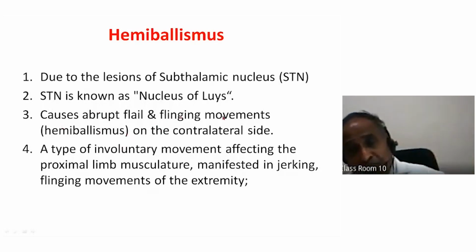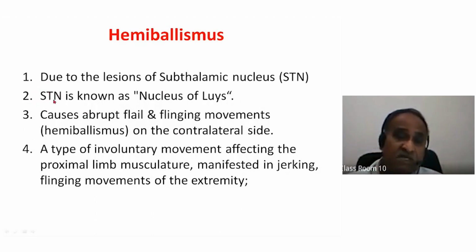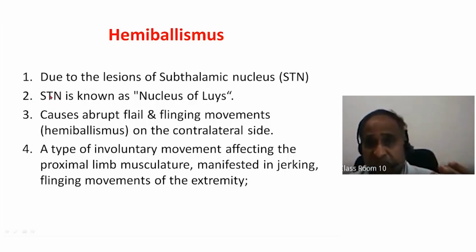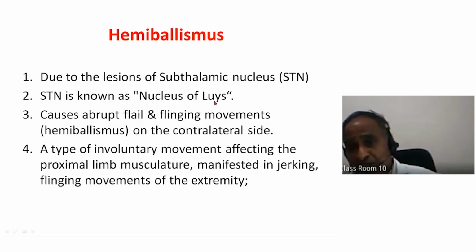It is due to the involvement of the subthalamic nucleus of the opposite side, the contralateral subthalamic nucleus. And this subthalamic nucleus may be involved because of a hemorrhage or some other defect. This subthalamic nucleus is known as the nucleus of Luys, L-U-Y-S.